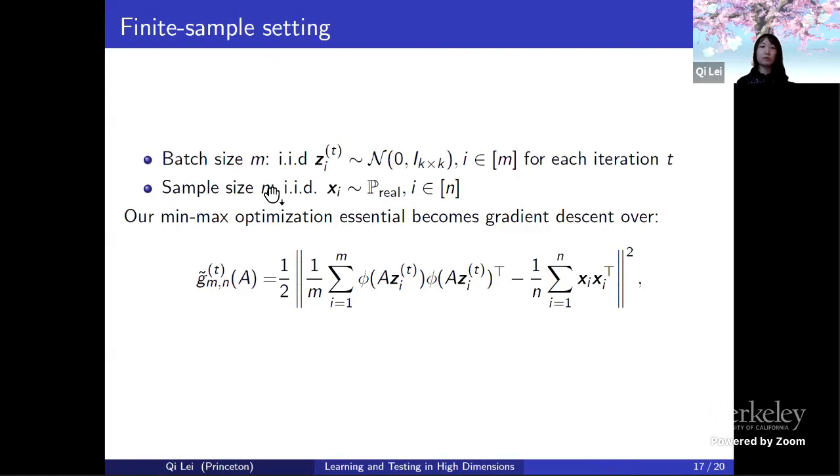And we also use a sample size n of the Xi from the real distribution. Our min-max optimization essentially becomes gradient descent ascent steps over this G tilde m,n, where m,n indicate the finite batch size and sample size. The difference from the previous function is just that we replace the expectation by the finite sum.